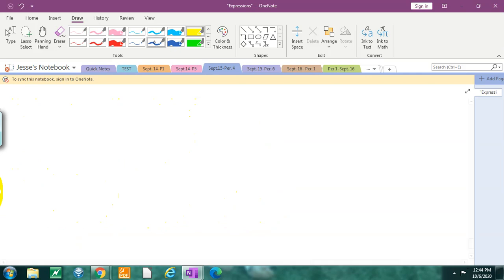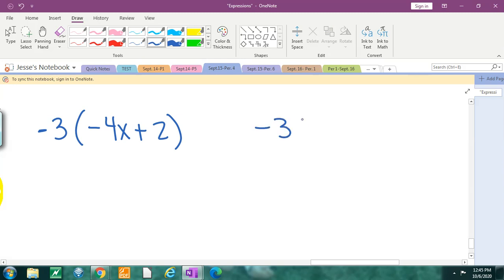So here's another one. What if I do negative 3 times negative 4x plus 2? We're going to do it two ways. I like the first way because you realize what your signs are.